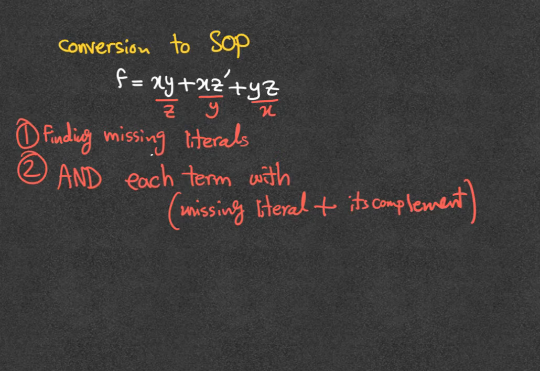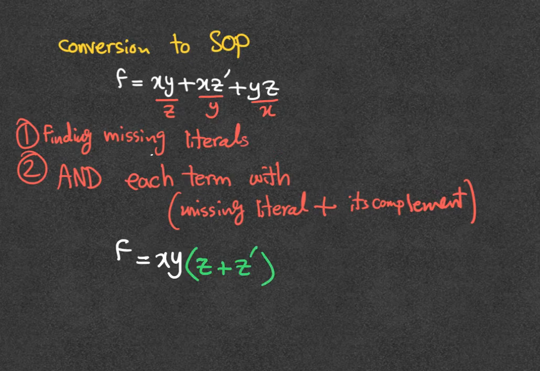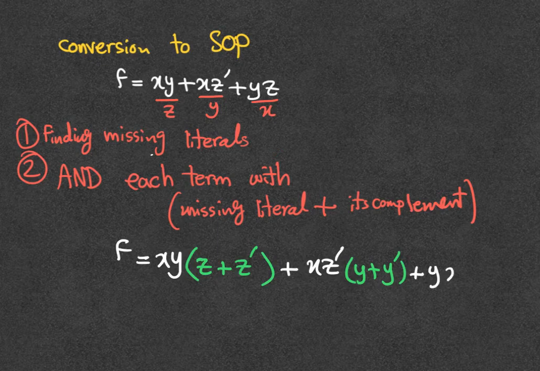So you have F equals XY, then you AND with the missing variable, which is Z plus Z prime, the missing variable plus its complement. Then you have the second term, XZ prime, times Y plus Y prime, plus YZ times X plus X prime.